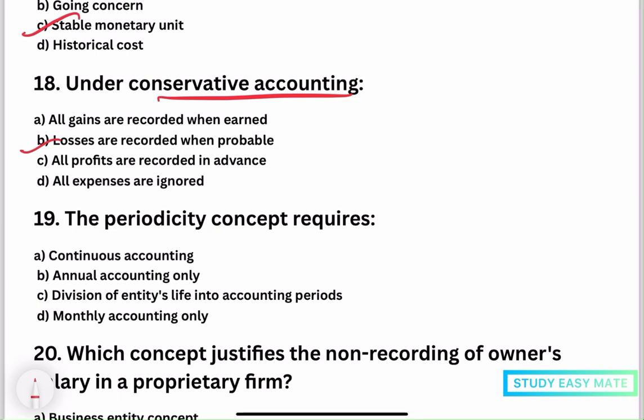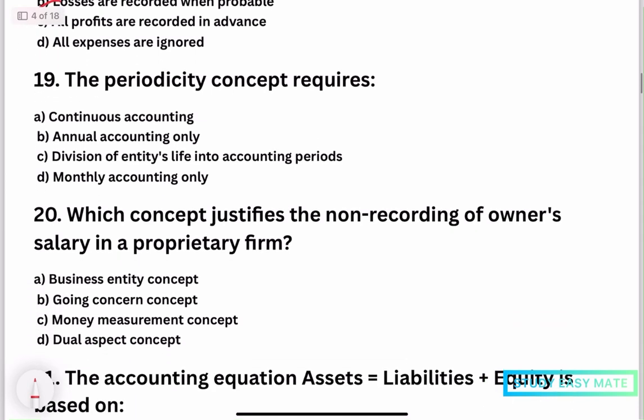Because conservative accounting follows the principle of anticipate no profit but provide for all possible losses. Always they expect you to expect the worst, right? Under this approach, probable losses are recorded even if they haven't been realized, while gains are recorded only when they are actually realized. So this ensures that financial statements do not overstate the financial position of the business, right?